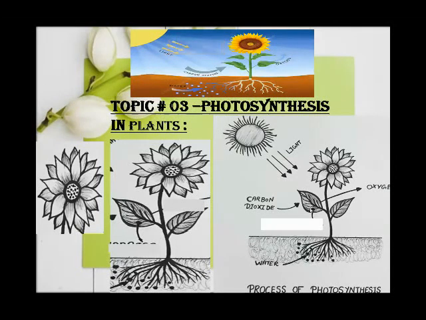In a leaf we can observe the plants are mostly green in color. Okay, the leaves make the food for the plants. यही जो पत्ते होते हैं यही पूरे पौधे के लिए फूड बनाते हैं. Okay, leaves make food for the plants.